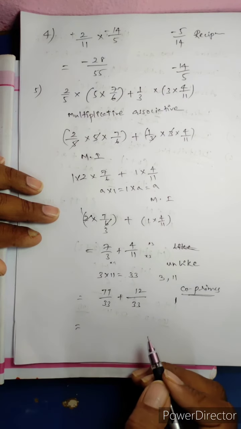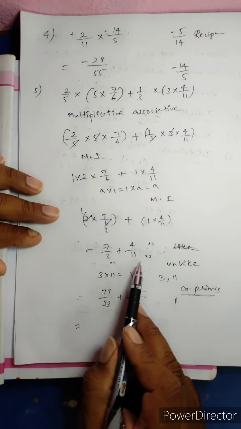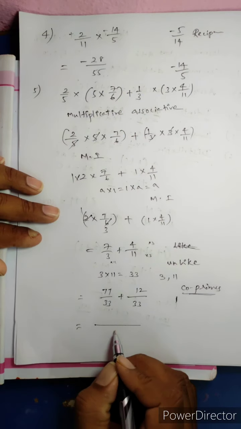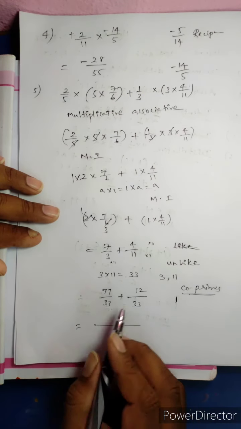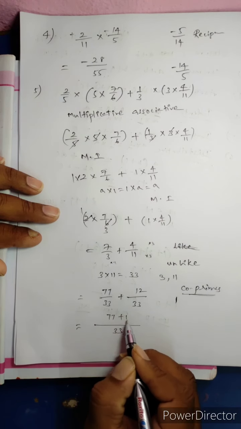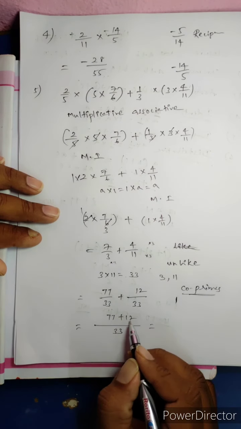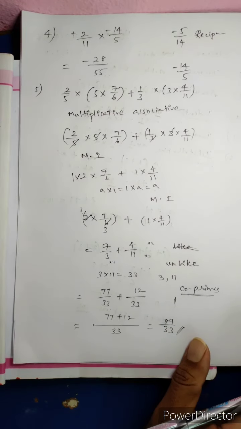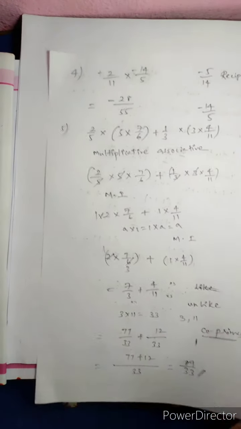Now I converted the two unlike fractions into like fractions. Then for like fractions we can add the numerators directly. 77 plus 12 is 89. 89 by 33. Okay, this is the fifth problem.